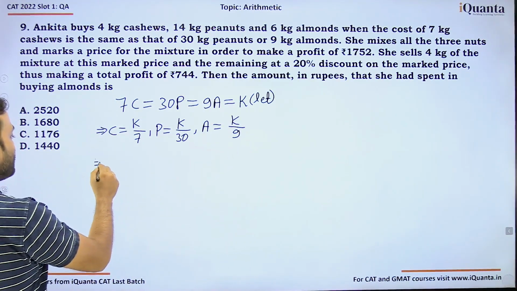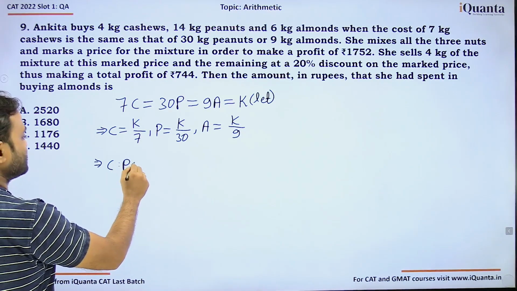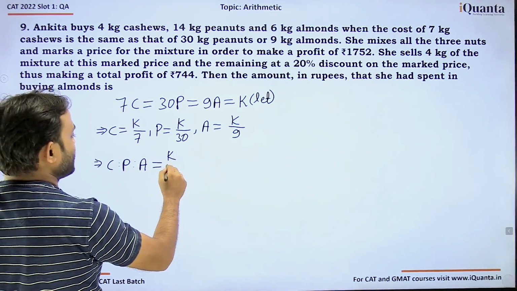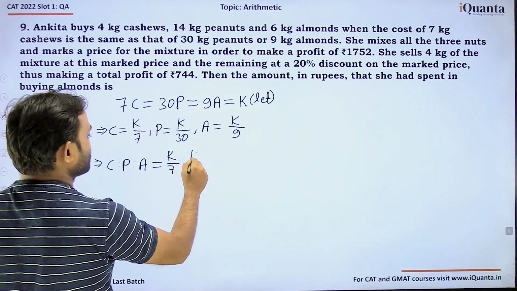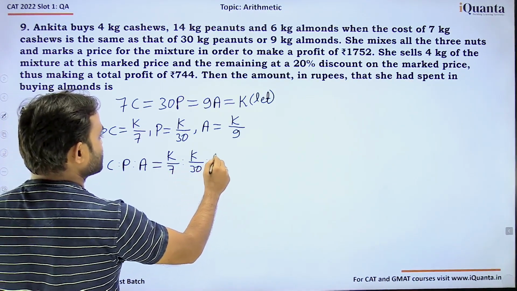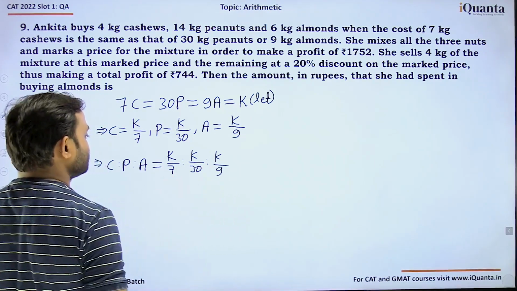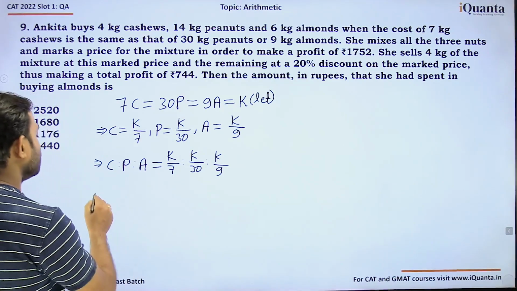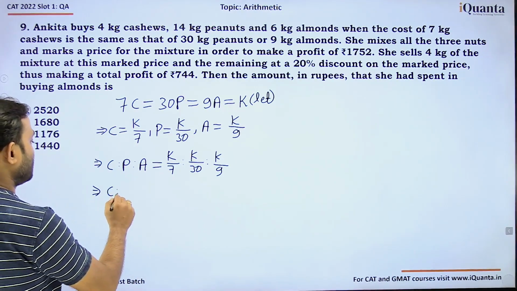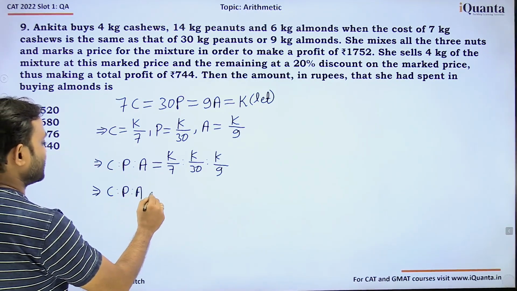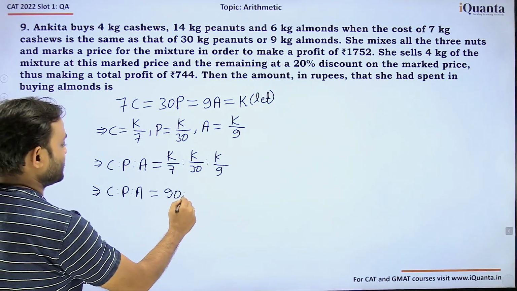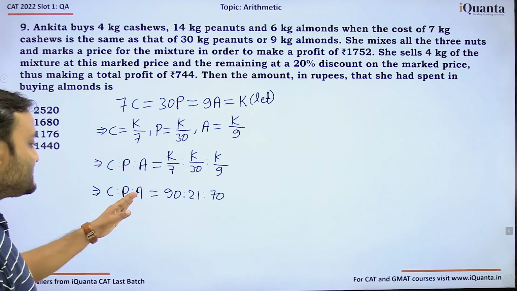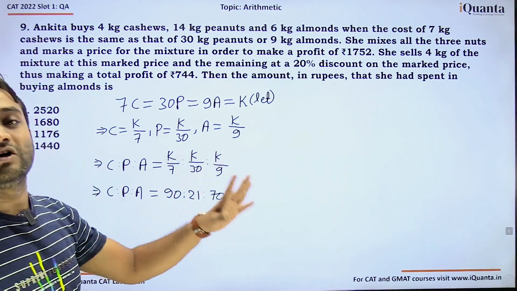From here we can find the ratio between the cost prices of these dry fruits, which is k upon 7 is to k upon 30 is to k upon 9. Now take the LCM of these 3 denominators, it will be 630. If you multiply all the values by 630, we get 90 is to 21 is to 70. These are the ratio of their cost prices.